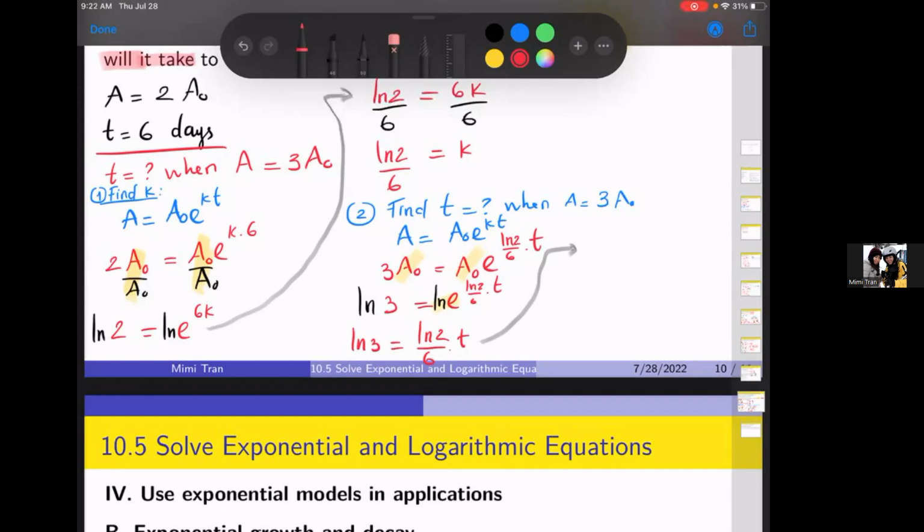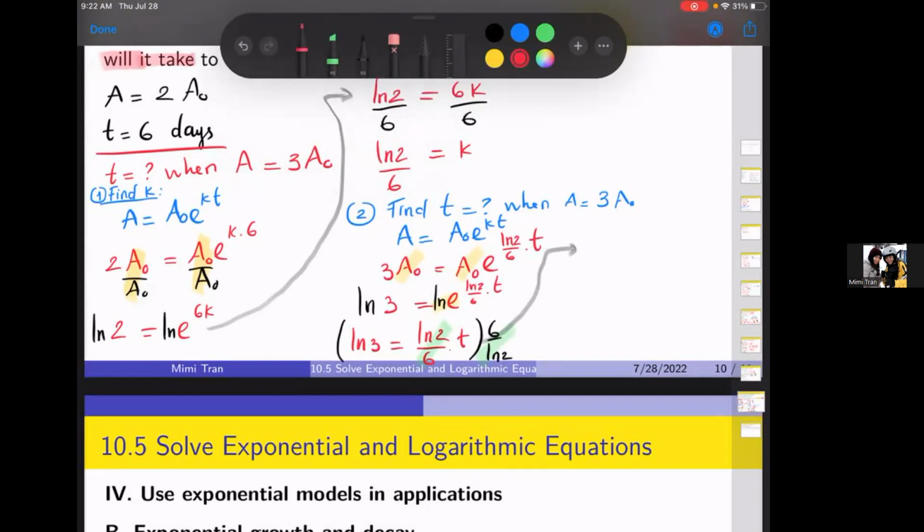So I want to treat it as like a over b. If you want to get rid of a over b on the right hand side, what do you multiply both sides with? B over a, right? So I'm going to multiply both sides with 6 over ln of 2, so that on the right hand side, that and that cancel, right?